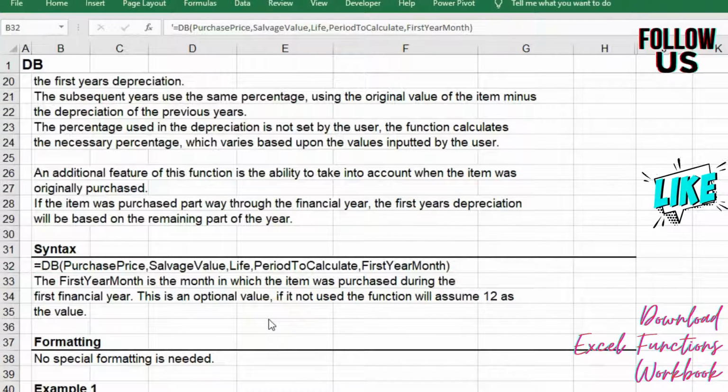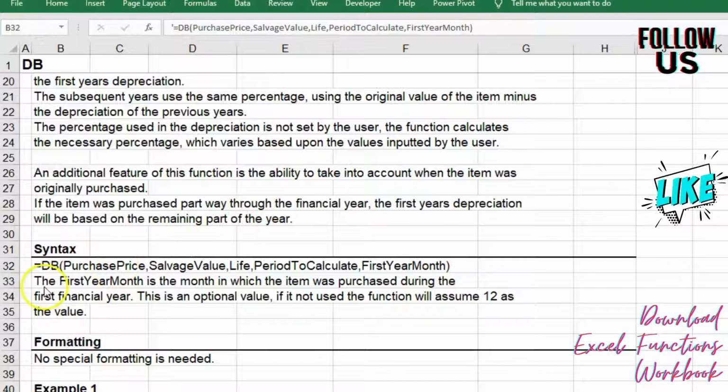An additional feature of this function is the ability to take into account when the item was originally purchased. If the item was purchased halfway through the financial year, the first year depreciation will be based on the remaining part of the year.